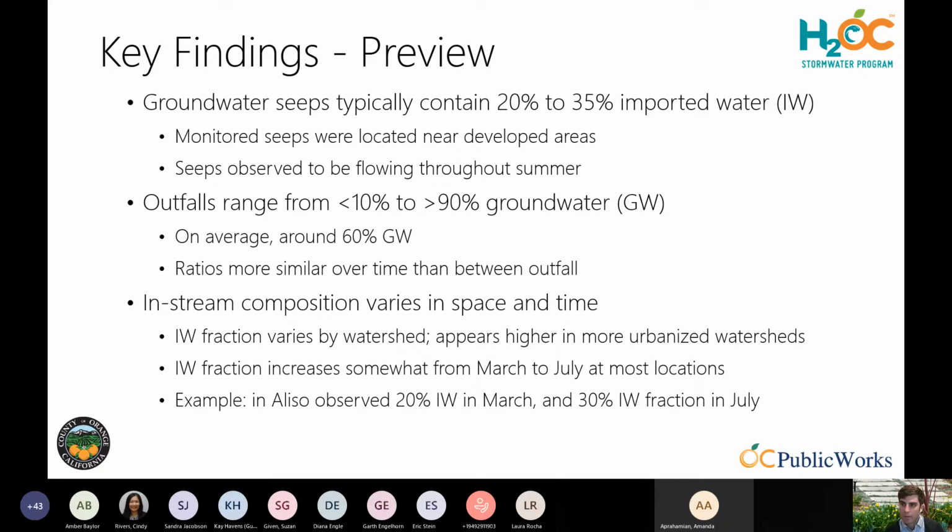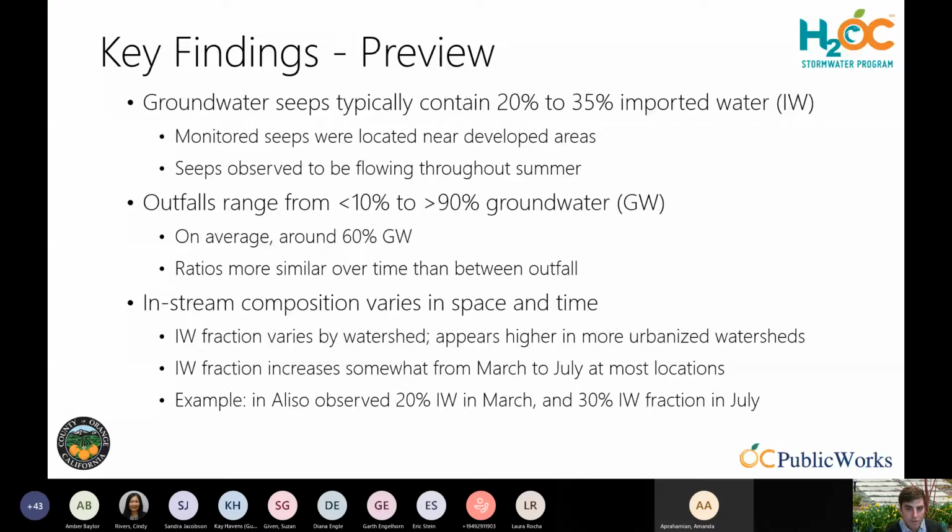We saw that the ratios didn't change a lot through the duration of these studies, as samples were collected in, I think in some of these cases, May and then July and then August. We didn't see much change in the composition there. We saw the groundwater signature persist. We did see, as I mentioned, some outfalls with much greater groundwater contribution than others.